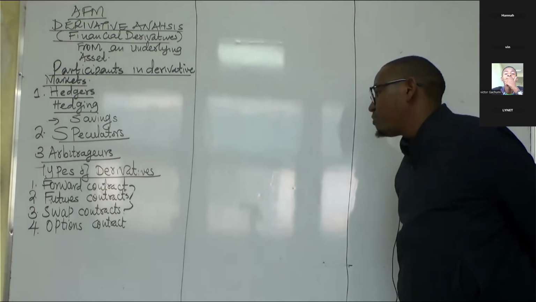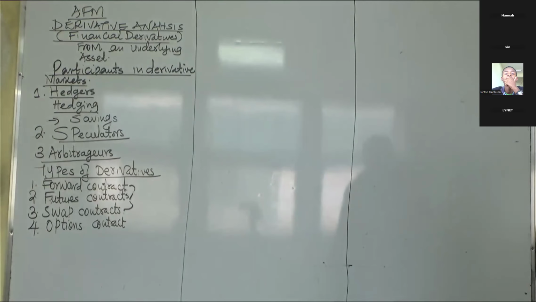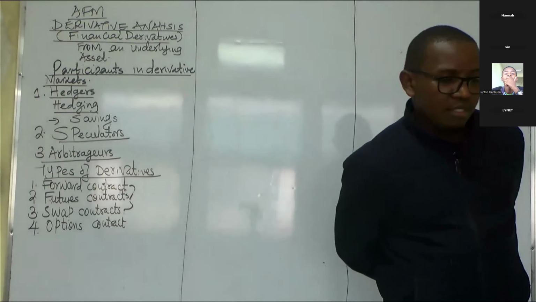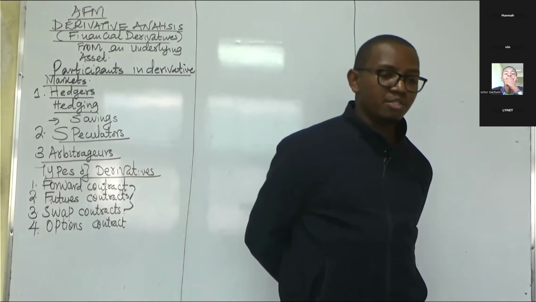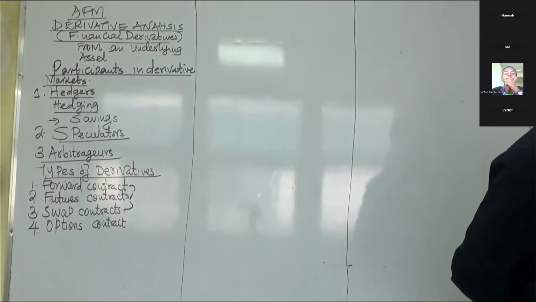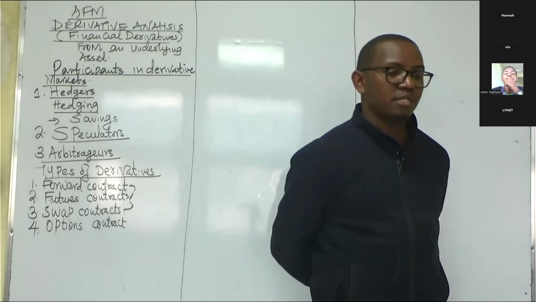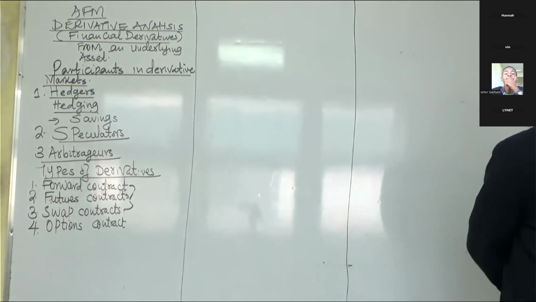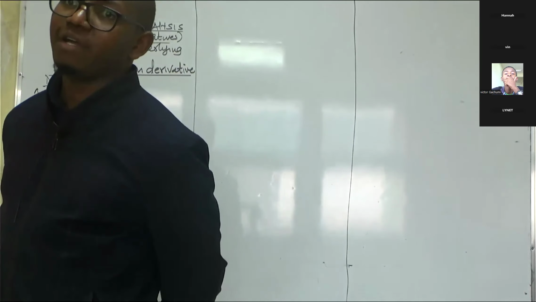So write and say, we begin with the forward contracts. Forward contract, you say, this is a customized contract between two parties to buy or sell an asset at a specified future time at an agreed price, or at a predetermined price.